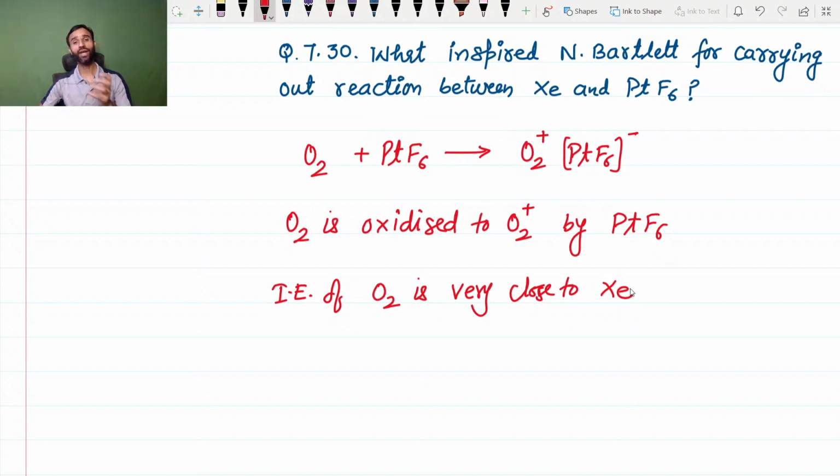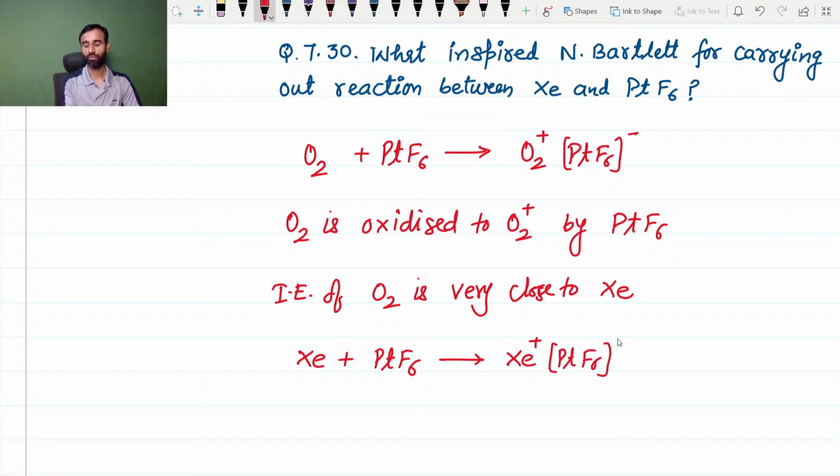So he made an attempt to oxidize xenon by using PtF6, and he found that when xenon and PtF6 were mixed, they readily form this compound. Red solid Xe positive PtF6 negative is formed.